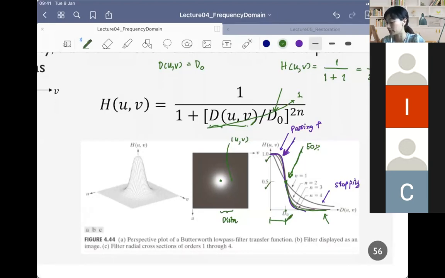So it is a smooth, gradual transition from 1 to 0.